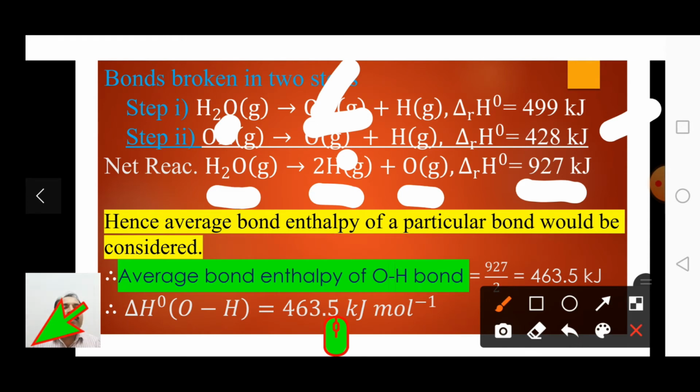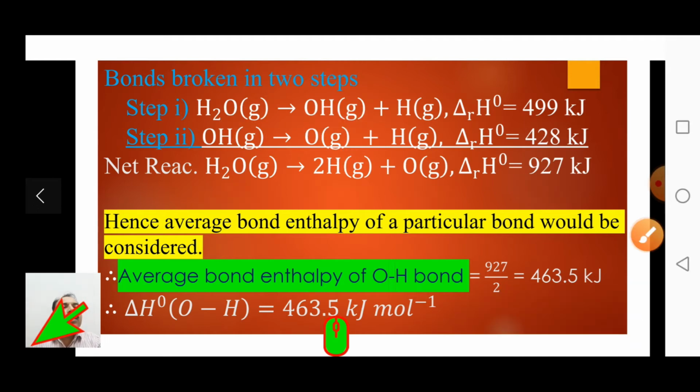Therefore, the average bond enthalpy of the O-H bond is 927 divided by 2, equal to 463.5 kilojoules, and hence delta H0, the bond enthalpy of the O-H bond, is 463.5 kilojoules per mole.